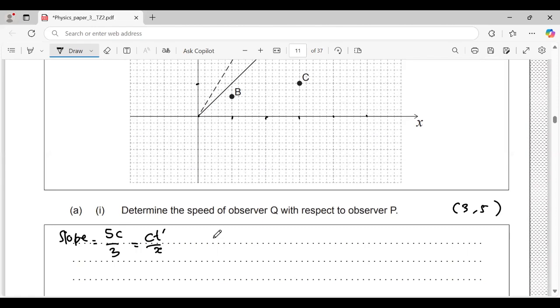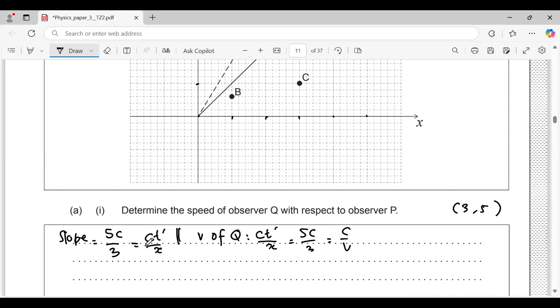And the speed of observer Q is given by the ratio, I'm going to write, the speed of observer Q is given by the ratio ct' over x equal c over v.